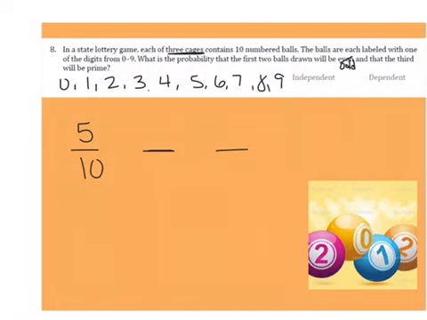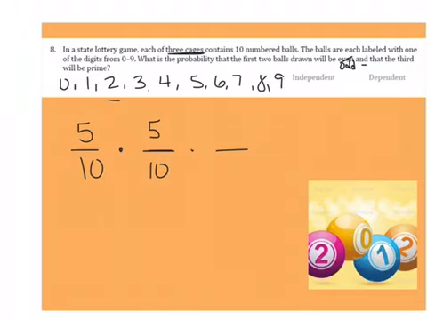Now we see the word and, so and tells me I'm going to multiply. The second ball is also going to be an odd one. And remember, this is a separate cage, so it has nothing to do with the one that we just drew. So I still have 5 out of 10 that are odd. Now I need the last one to be prime. So remember, we're looking for numbers that only have 2 factors.